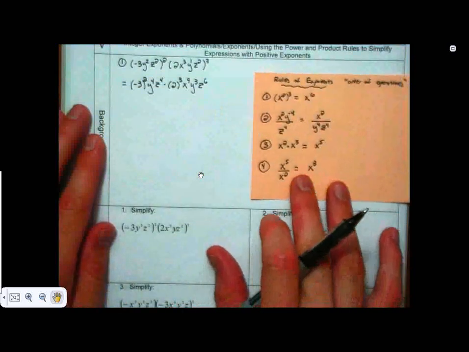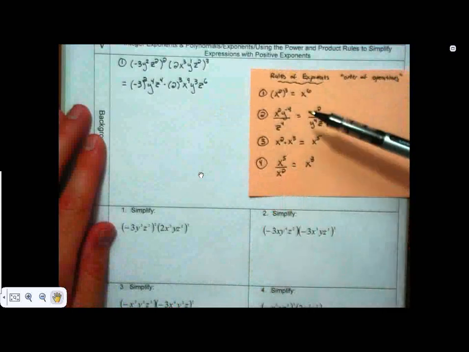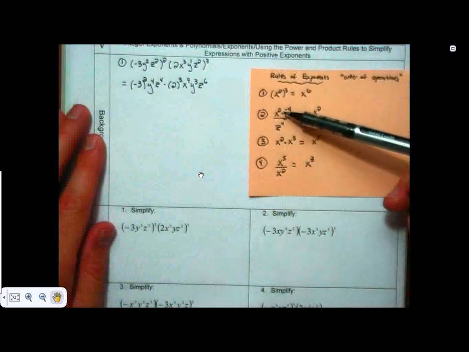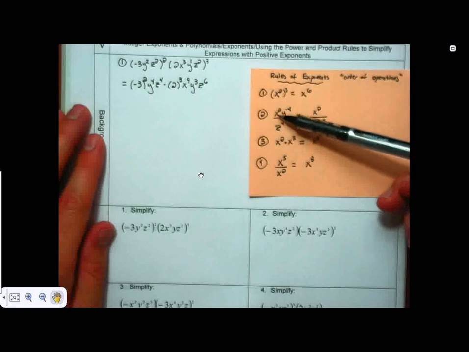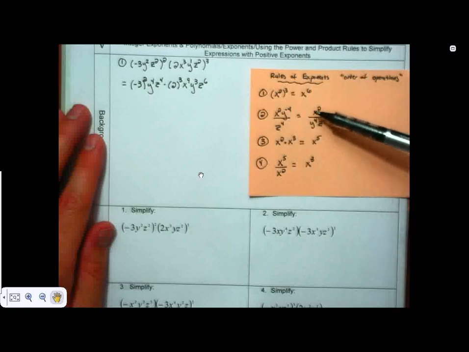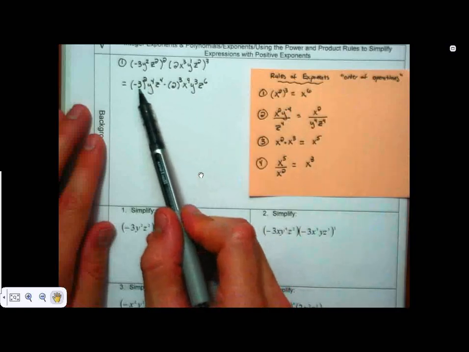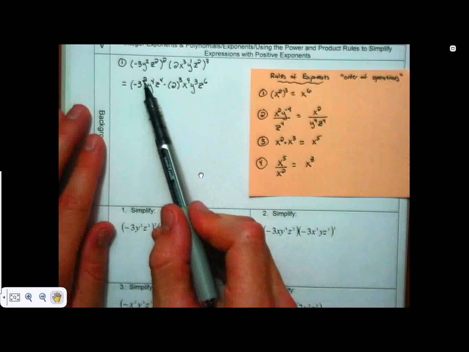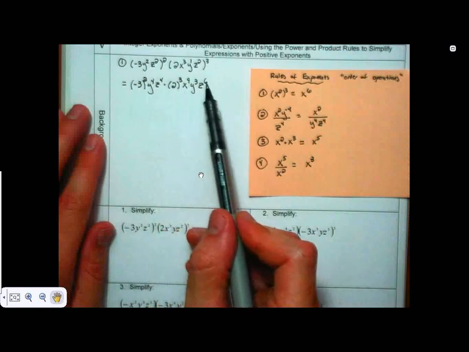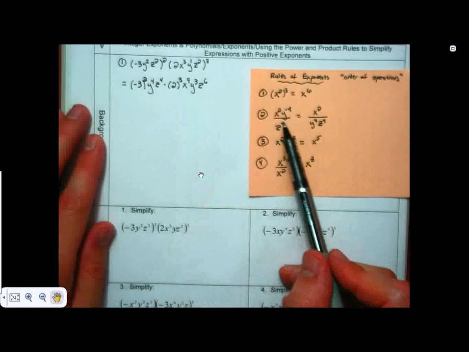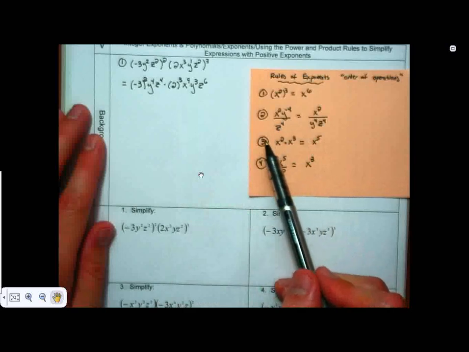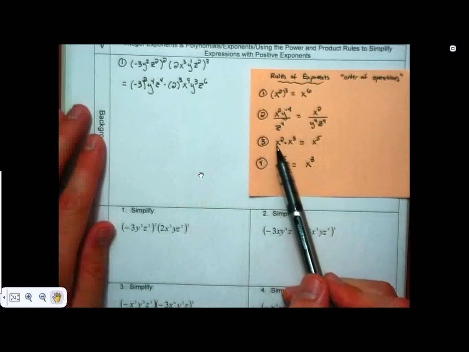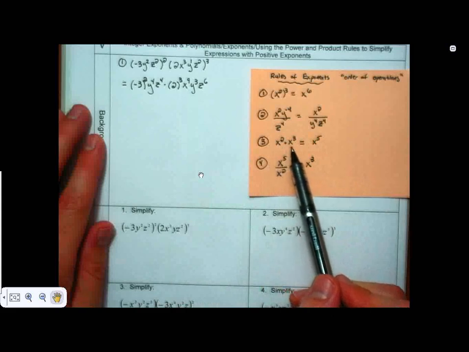Okay, the next step then is to apply rule number 2. So for rule number 2, what I'm taking care of are any negative exponents. And in this particular expression, I see a negative number here, but the exponents are all positive. So I can skip rule number 2. Rule number 3 is when I look at multiplying like bases.